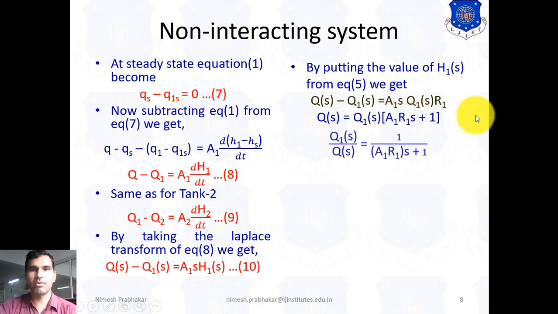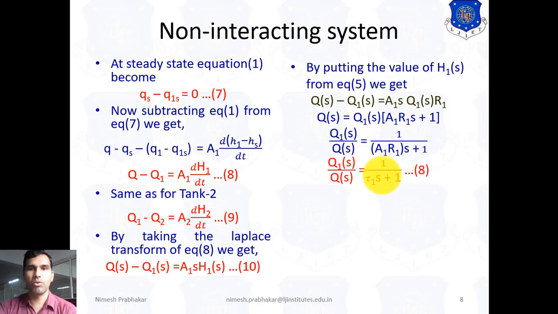So we can write this equation as Q1s upon Qs equals 1 upon A1 R1 s plus 1. We can define this equation as Q1s upon Qs equals 1 upon tau 1 s plus 1. Here tau 1 represents nothing but A1 R1.